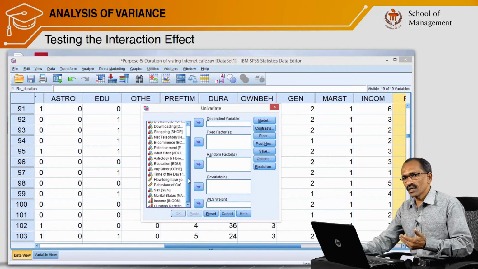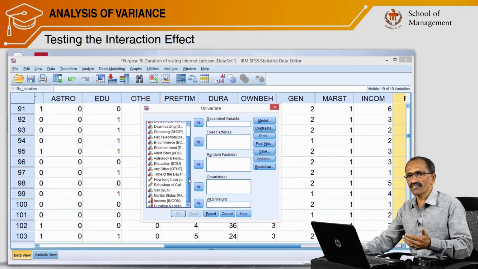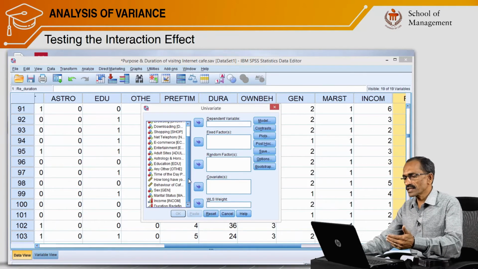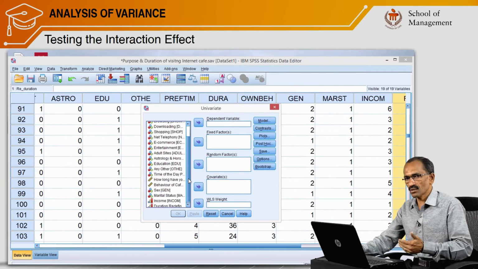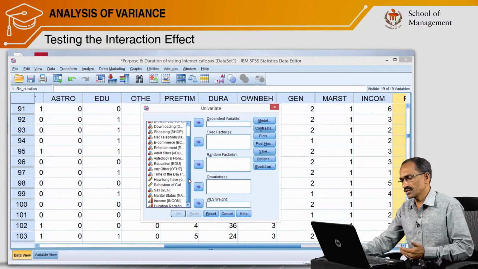In the two-way ANOVA in one of the previous videos, we did the same test to see whether there is any combined effect of gender and marital status on the duration of internet visit or duration of cyber cafe visit.